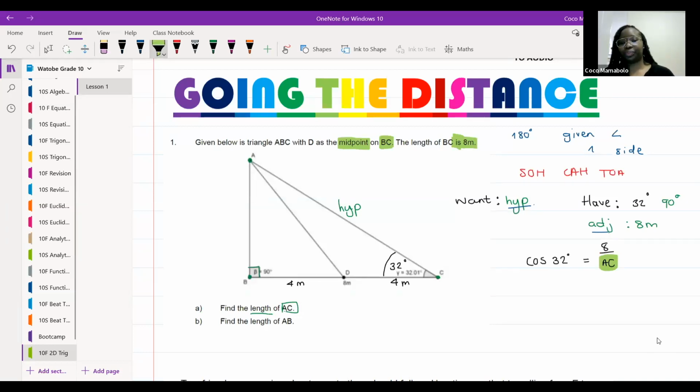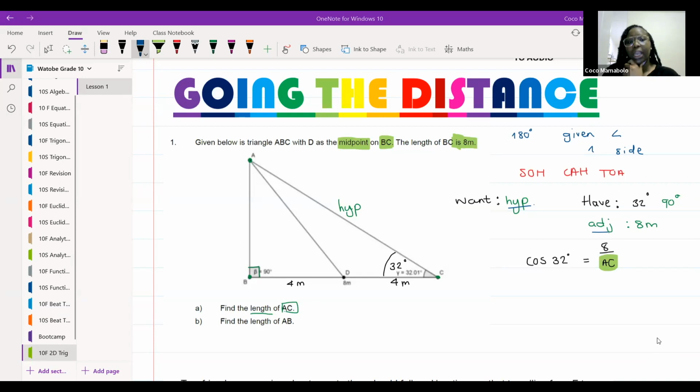Are you with me still? Okay. All right. What would be my next step? I know I want AC on its own. So I want AC is equal to something. What would I do to get AC out of that denominator? I want to say multiply both sides by it.